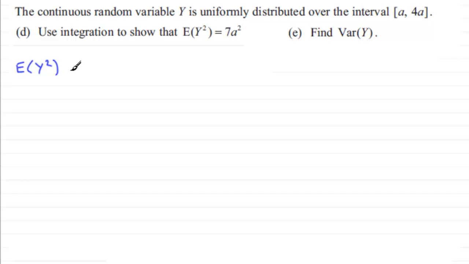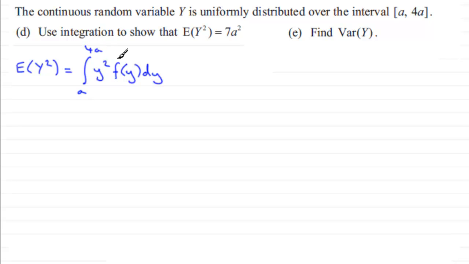Normally it's for E of X squared, and it would equal the integral of X squared, but we've got to say Y squared, times the probability density function f of y, integrated with respect to y, so dy. And our limits go from the lower limit in our distribution, a, to the upper limit, 4a.